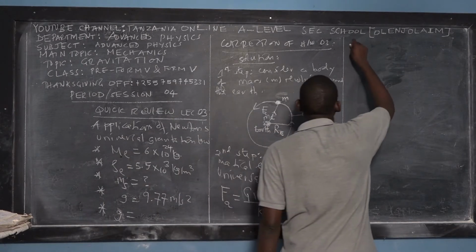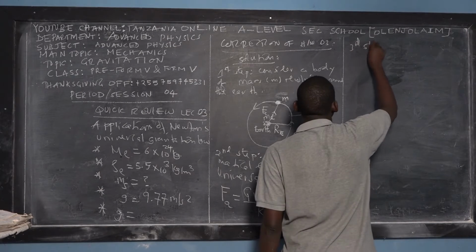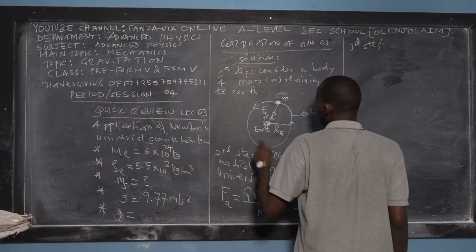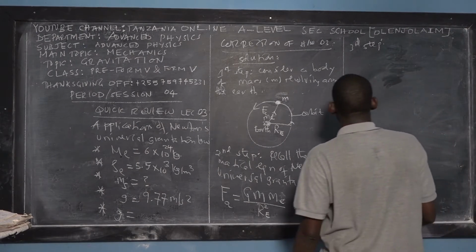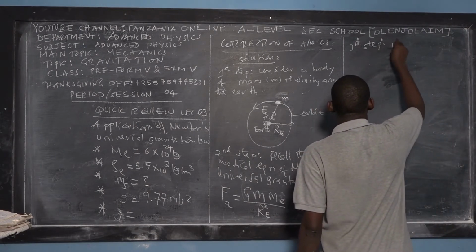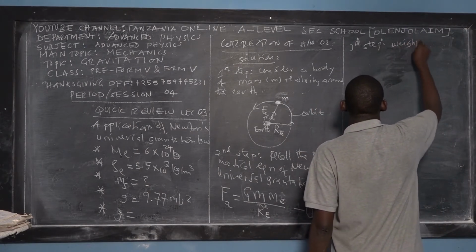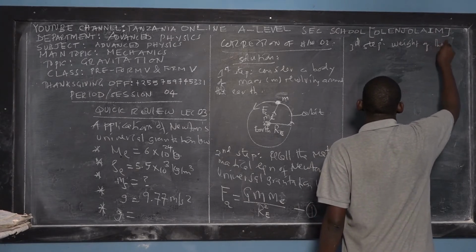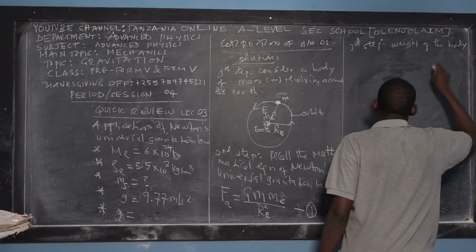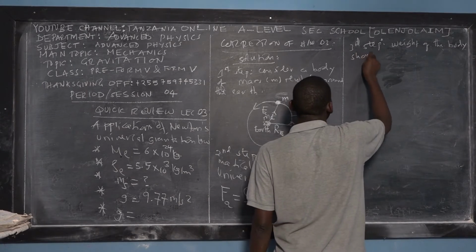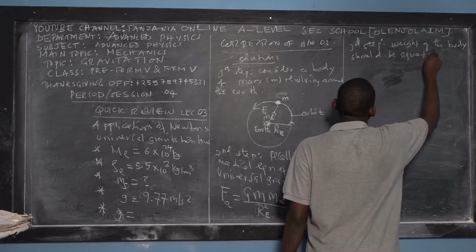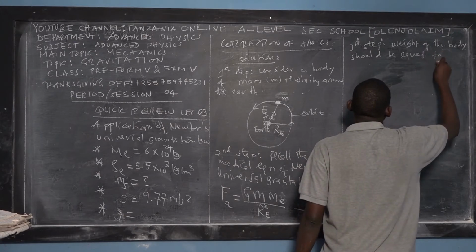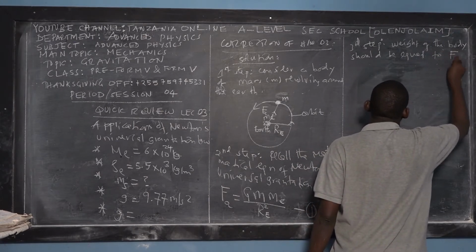The second step, I told you that for this body to be in a constant path, or in the same path, the weight of this body M should be equal to the force of attraction.